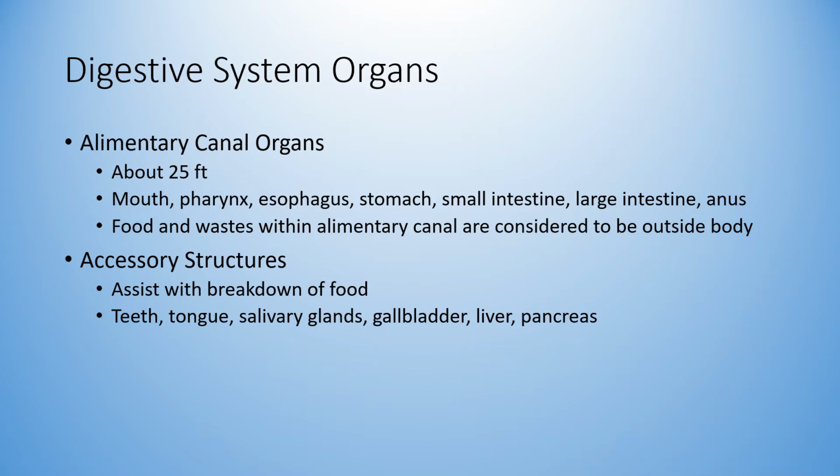It's considered outside. It sometimes has been described as having a big tube, like a garden hose. The water that's flowing through it is like the food flowing through your digestive system. And in terms of protection and defense, that's considered outside the body.